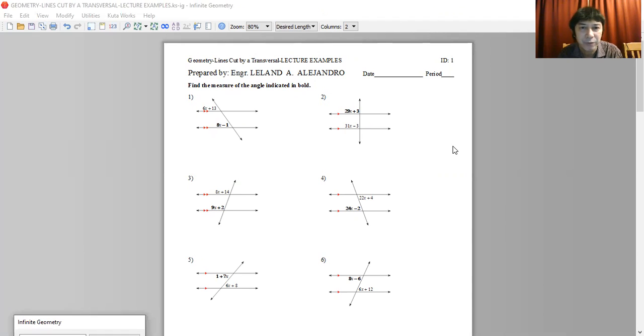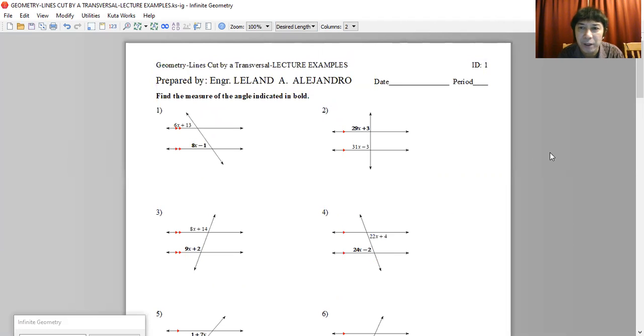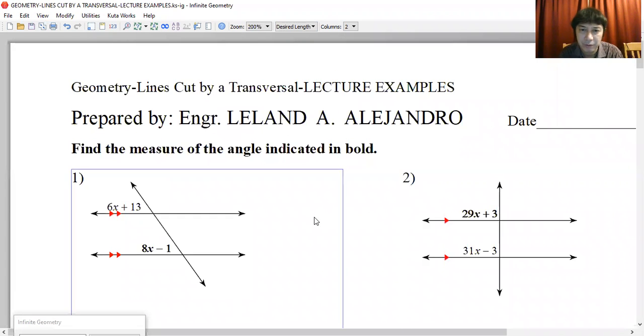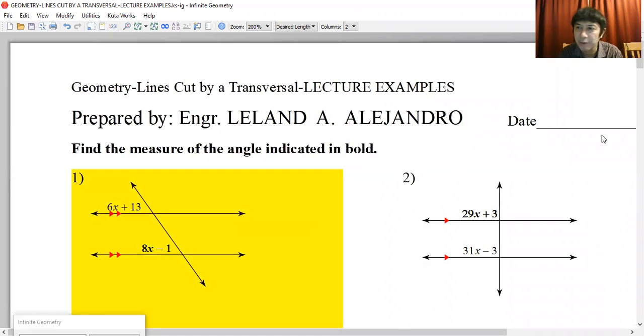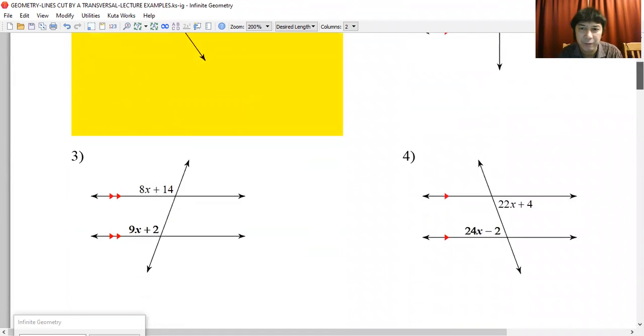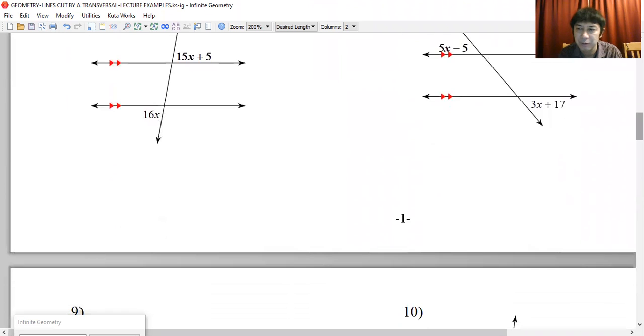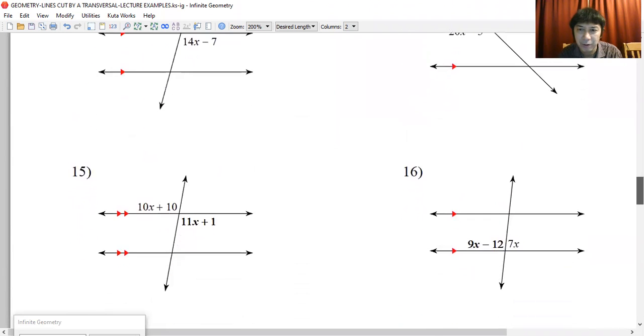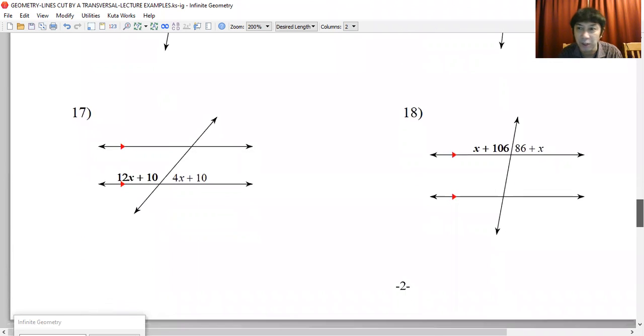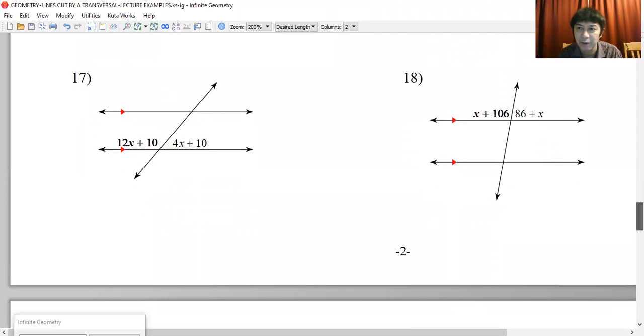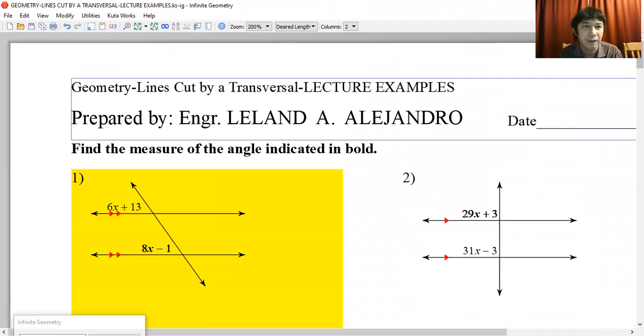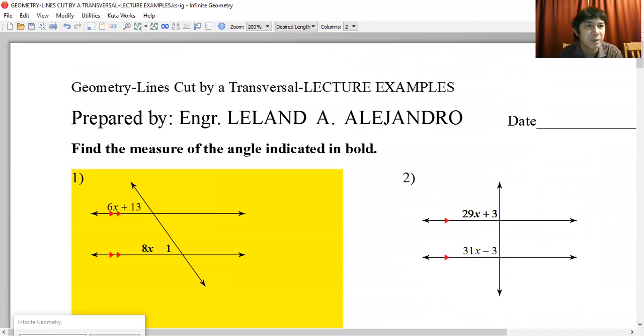We have about 18 numbers, up to the second page. All right, let's start with the first number.